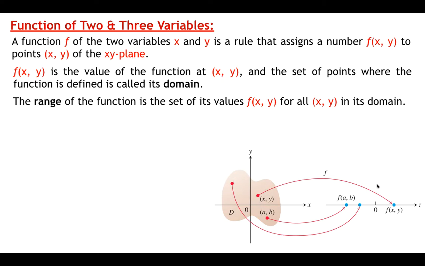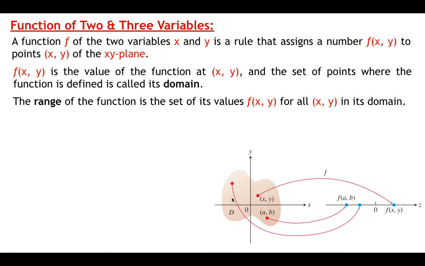The corresponding function value will lie along the third axis, so we can draw the function in xyz space. For a function of one variable, when x was the input and f(x) the corresponding output, we could draw that in the xy plane, and those are curves.